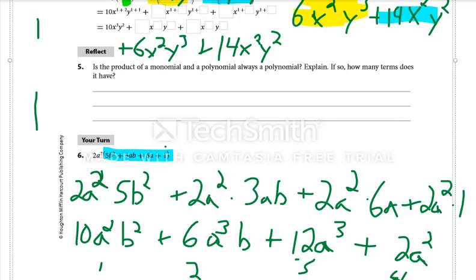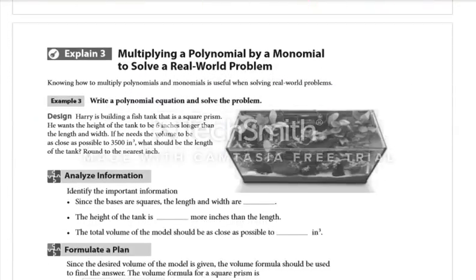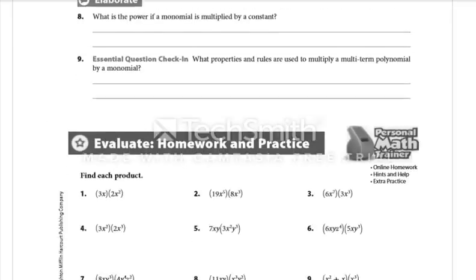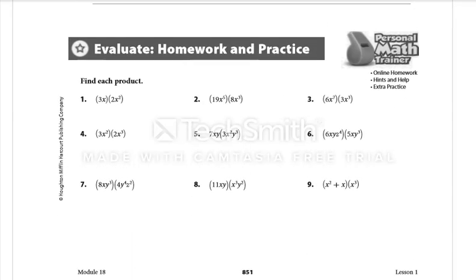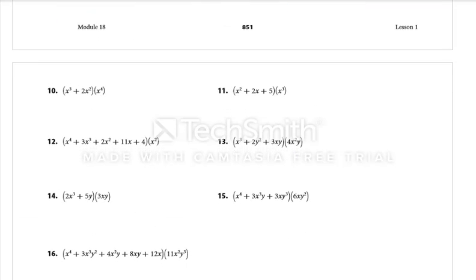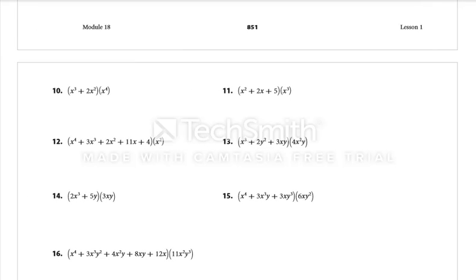All right, so for your assignment, what I want you to work on with this section, we're going to scroll down to page 851. And you are going to do the odds on this page, and we'll do the odds up through 15.